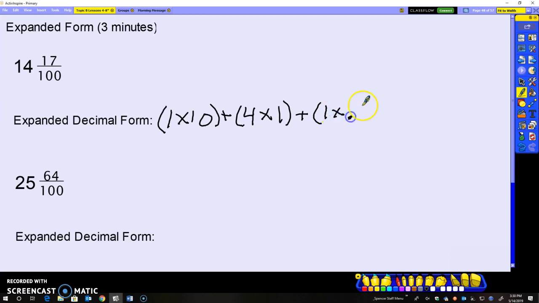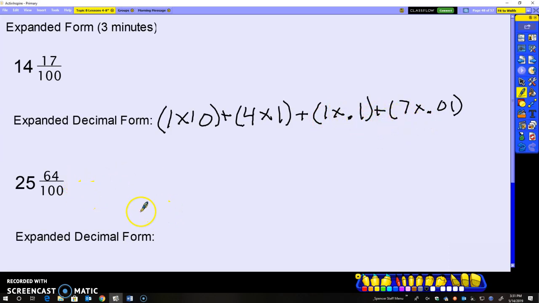The 1 is worth a tenth, and the 7 is worth the hundredth. So I could break that down into the 1 tenth and 7 hundredths of the 17 hundredths.